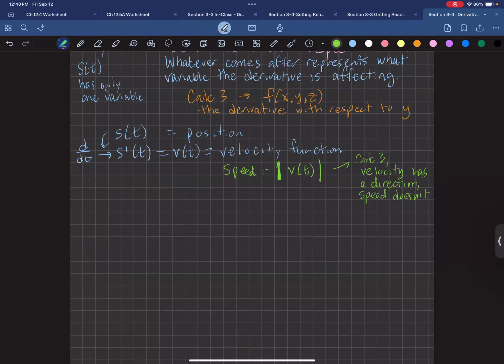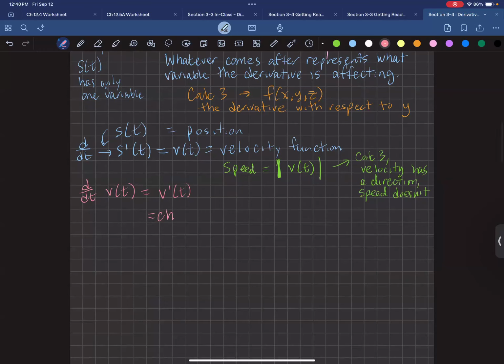If we take the time derivative of velocity, we get v prime of t, a change in velocity with respect to time. When your velocity changes over time, you are either accelerating or decelerating.